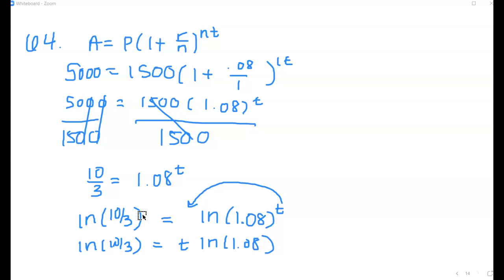And then we can divide both sides by natural log of 1.08. And that will isolate your T. And then you can go to your graphing calculator, type natural log 10/3 divided by natural log of 1.08.